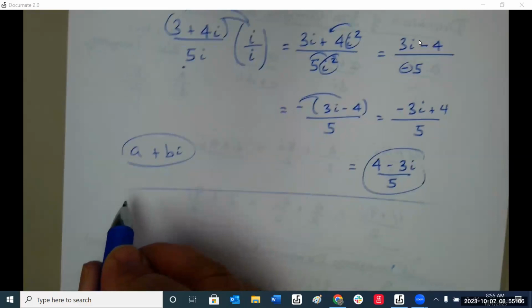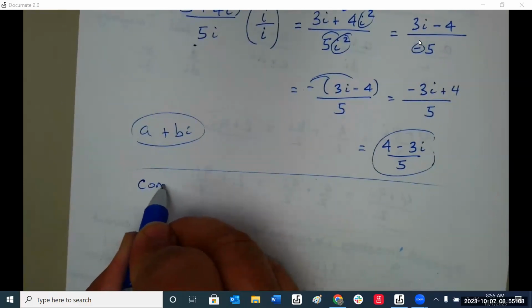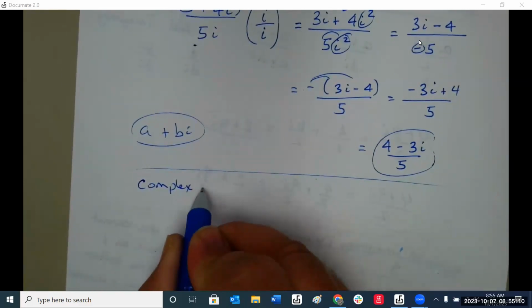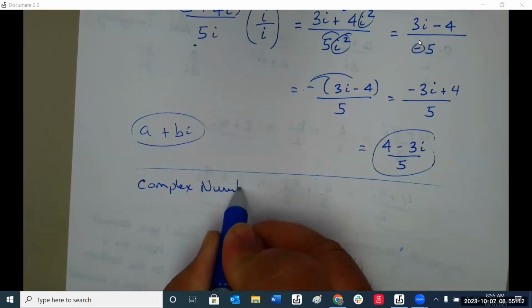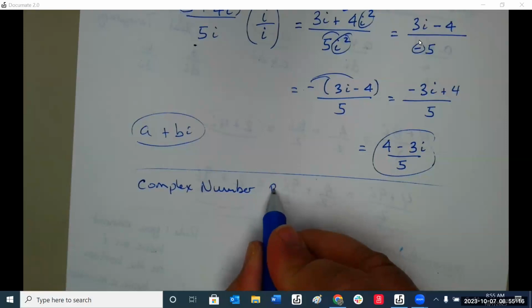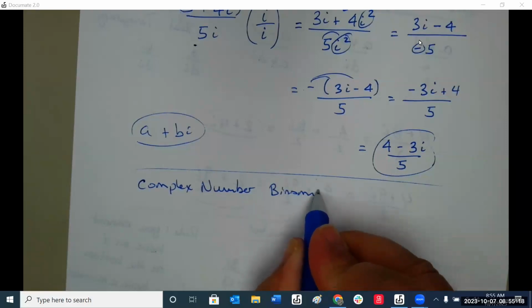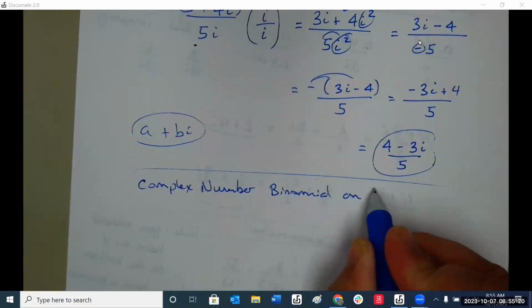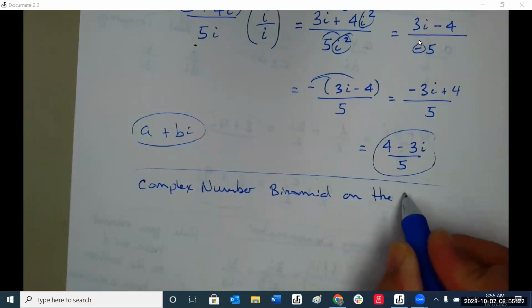What if we have a complex number binomial on the bottom?